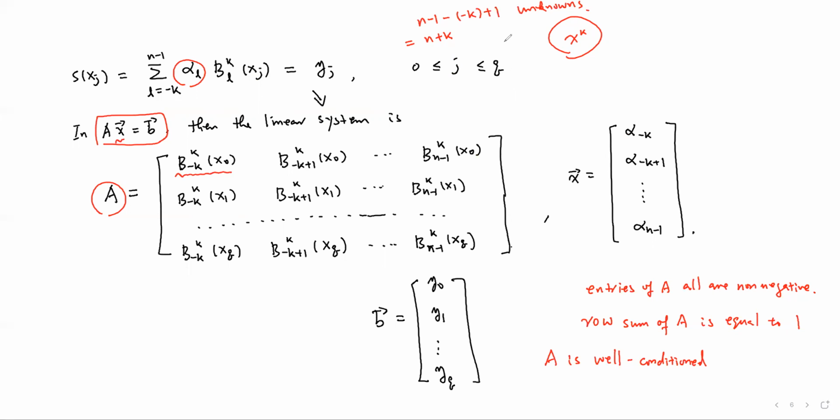How many equations? Q+1 equations. If the number of equations is less than the number of unknowns, there are infinitely many solutions. So we solve this linear system to get alpha_l.